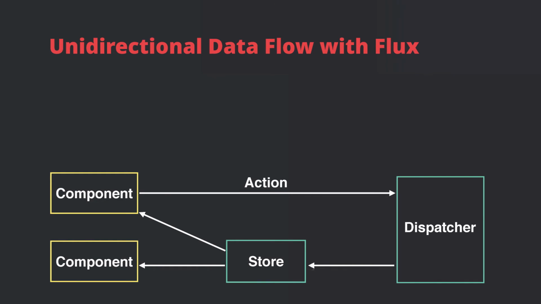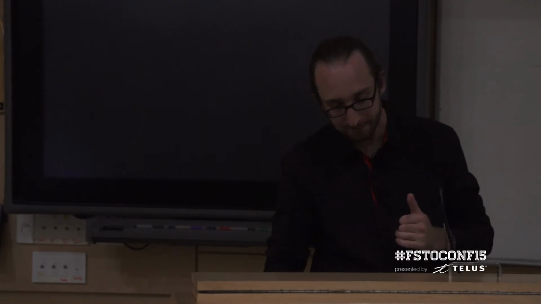You then have a concept of a store, and a store is like a model, but it's different in the sense that it only subscribes to actions coming from the dispatcher, and then when it changes the state internally, it notifies whoever subscribed to it. In this case, we'll have two components subscribing to the store. So what we get out of this is that the two components will always be synchronized. If some data changed, it will always be synchronized because the components can't just go ahead and modify the store directly. They only have to go through this somewhat constrained method of doing that.